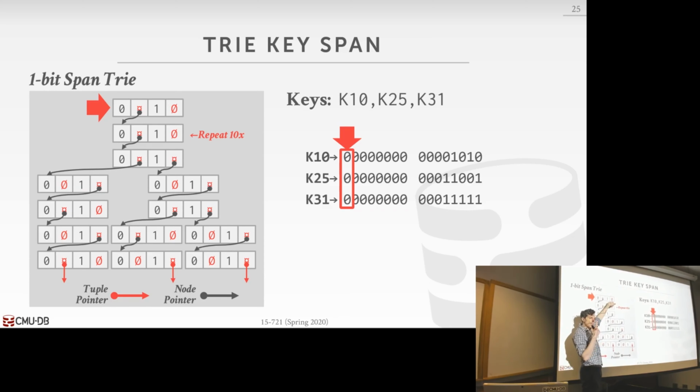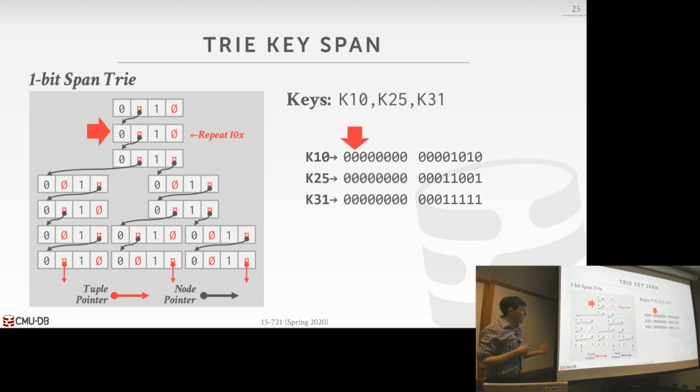If anybody looks up whether there is a key where the first digit is 1, we would look at this first node, see that it is null, and know that the key could not exist. For the next one, it's the same as the one above it: 0 has a pointer, 1 is null. I'm just going to repeat this 10 times because the next 10 digits are all the same. Otherwise, we run out of space.